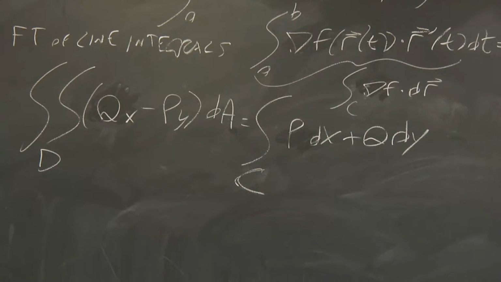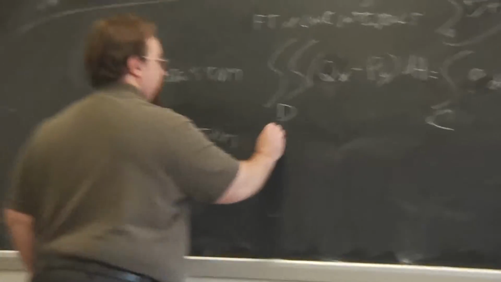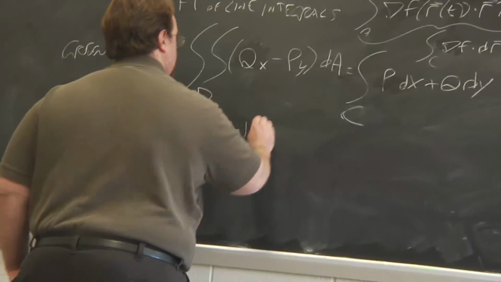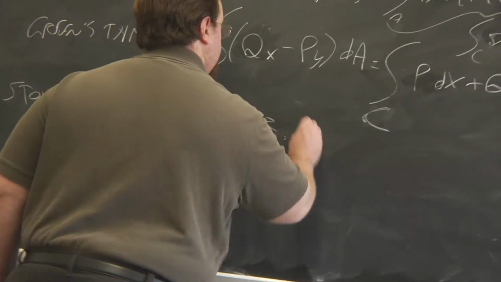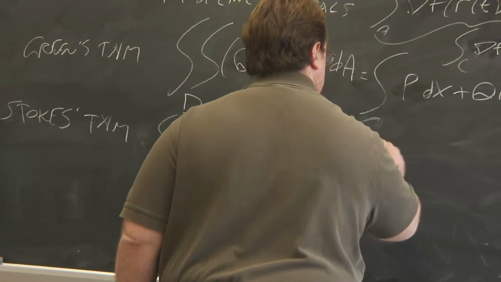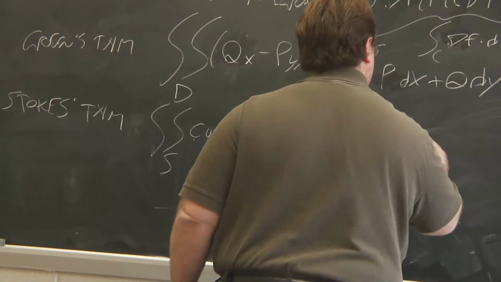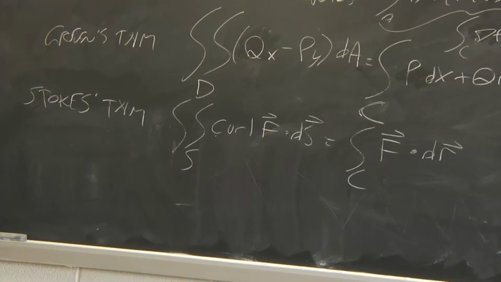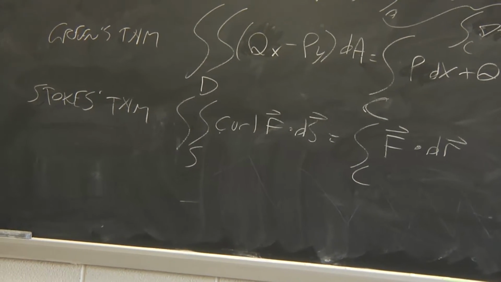And then similar to that, for a non-flat surface, Stokes' theorem: the integral over a surface of the curl of a vector field is equal to the integral over the boundary curve of the vector field itself.